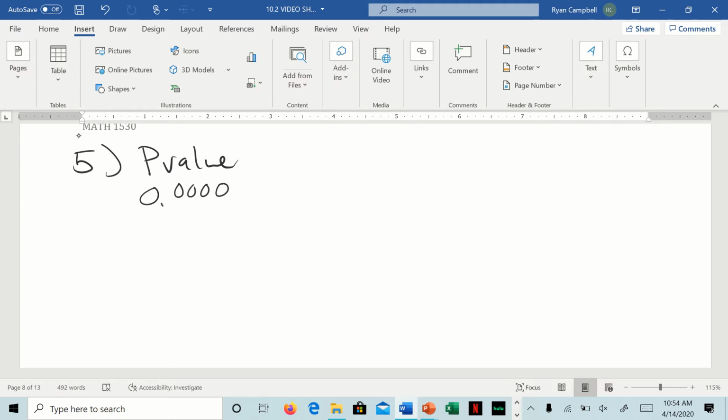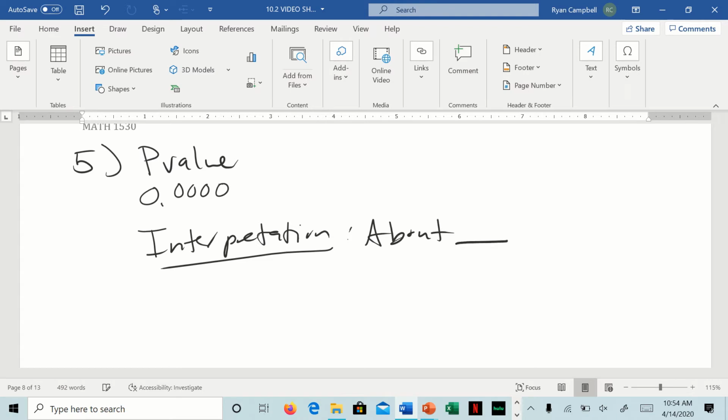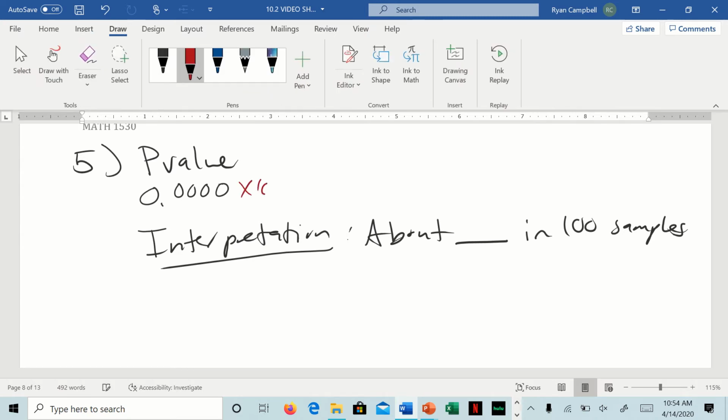And if we do that interpretation, that means about how many in 100 samples? Well, if you multiply that by 100, you still get 0.